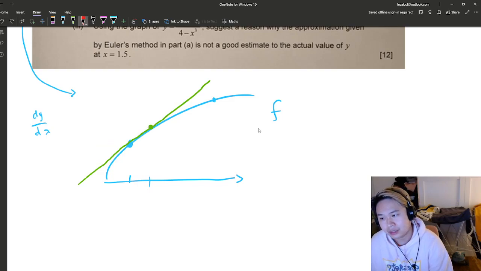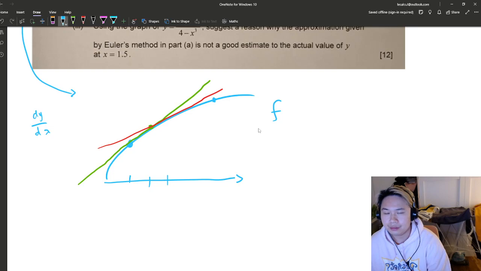Ugh, let me draw that better. And then you go 0.5 of a step later, you find a point on this tangent line, and as you can see, it's still close to the actual function. And then we just rinse and repeat.